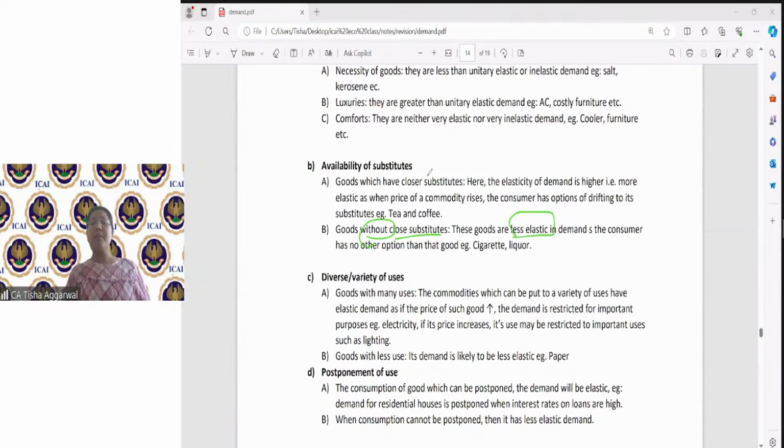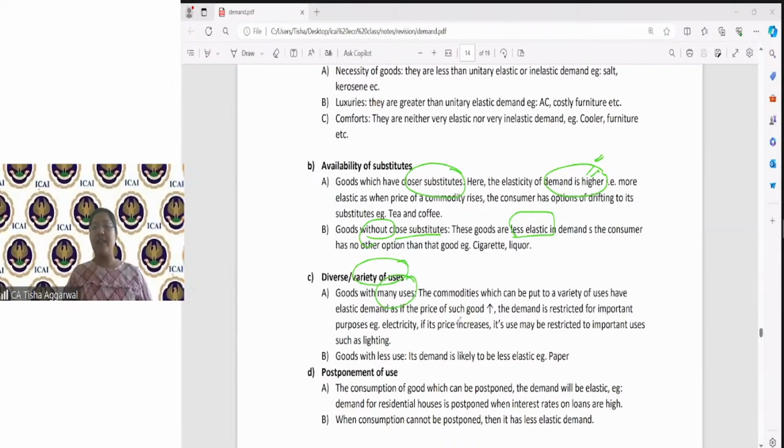But wherein the product has a lot of close substitutes, then the elasticity of demand is higher. Herein, we can always have the availability of substitutes, so the demand can change. Third is the diverse and variety of uses. Let's say there is a particular product with many uses.